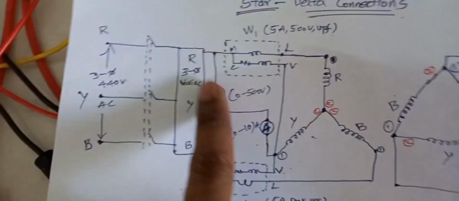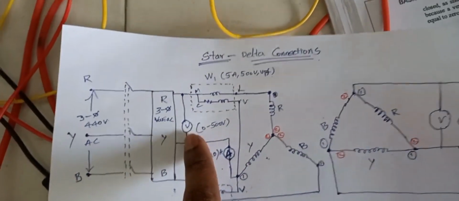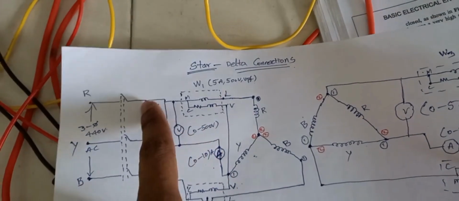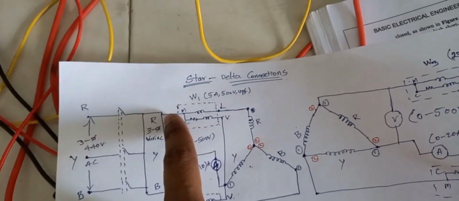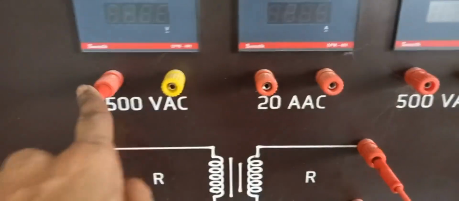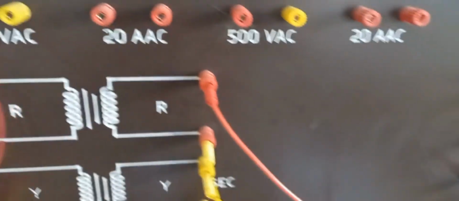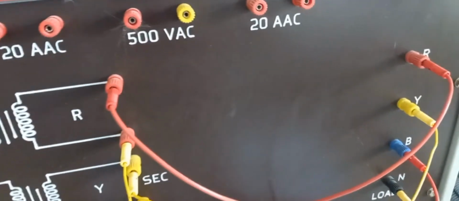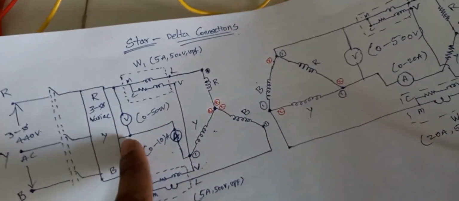Here you have to remember, the R phase first terminal is connected to the voltmeter here, and the same Y phase first terminal is connected to the voltmeter's second point.